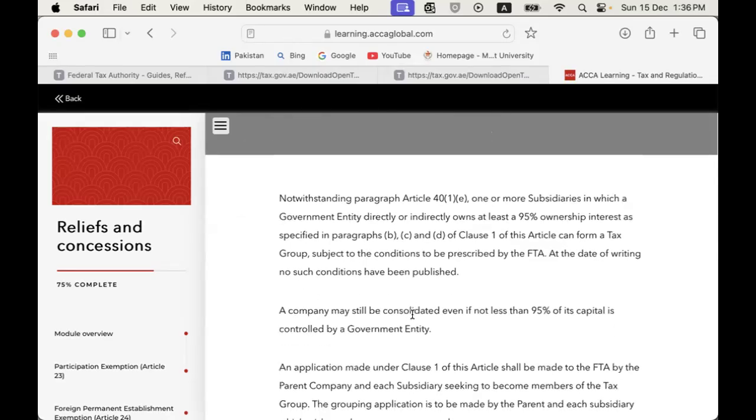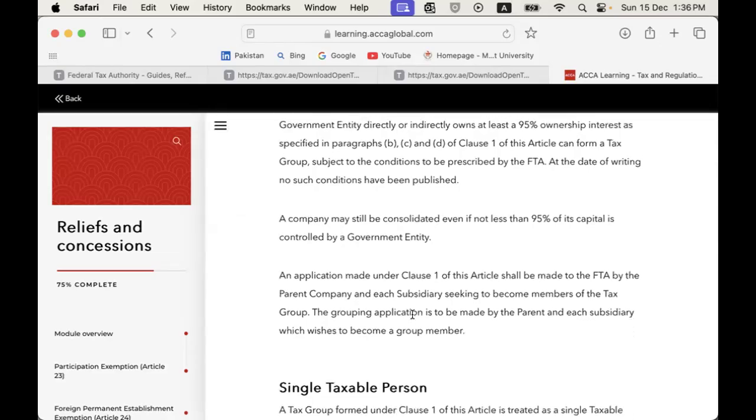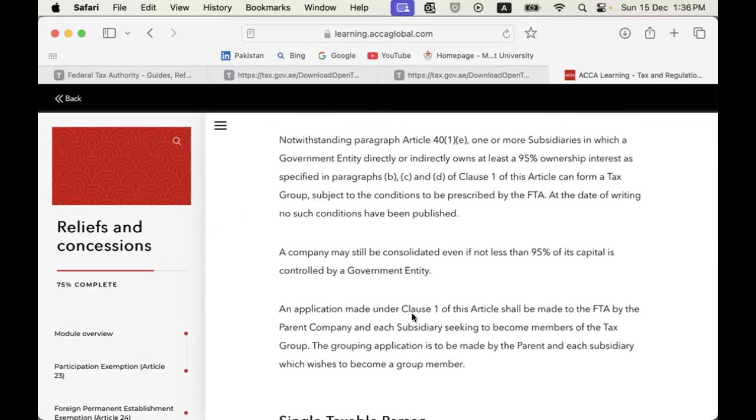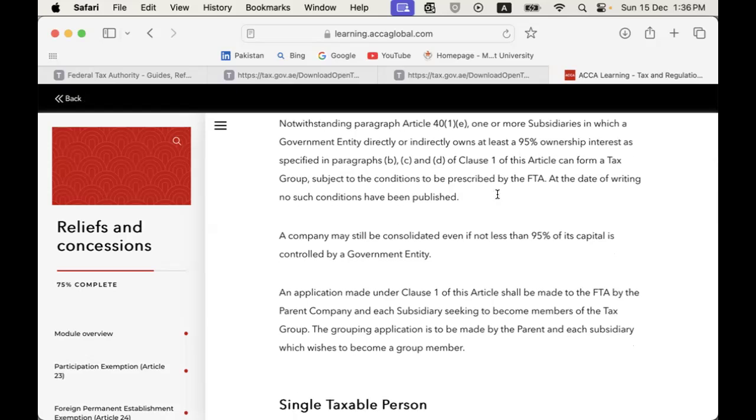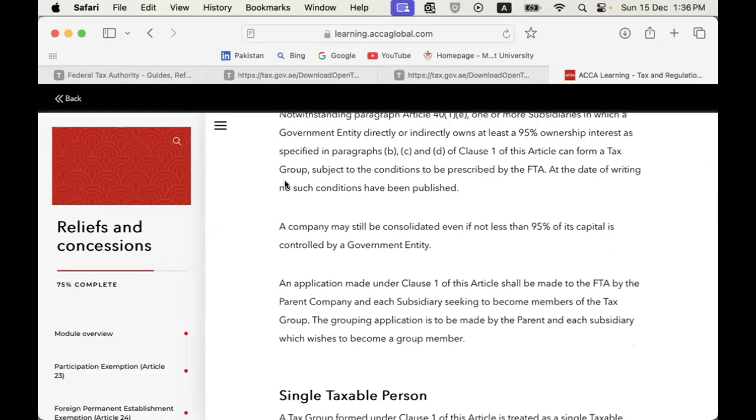Becoming members of a tax group. Okay, let's go through this. Notwithstanding paragraph 40, one or more subsidiaries in which a government entity directly or indirectly owns at least 95% ownership interest can form a tax group, subject to the conditions prescribed by FTA.